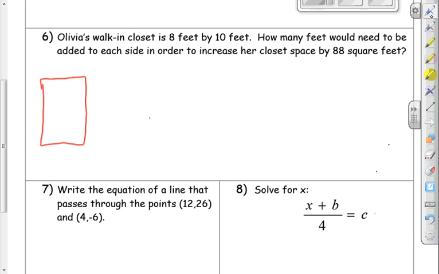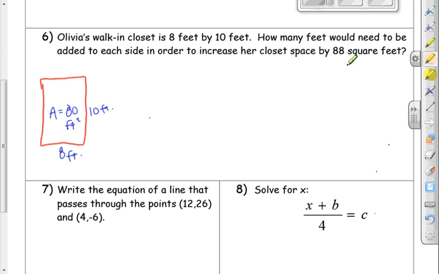Okay, so here's a rough picture of her closet, 8 feet by 10 feet. So right off the bat, we know something about the size of this closet. If it's 8 feet by 10 feet, then its area is 80 square feet, or 80 feet squared. But she wants to expand this closet.